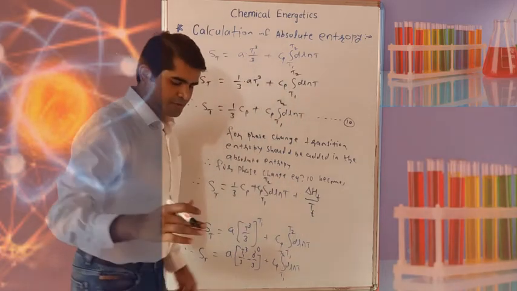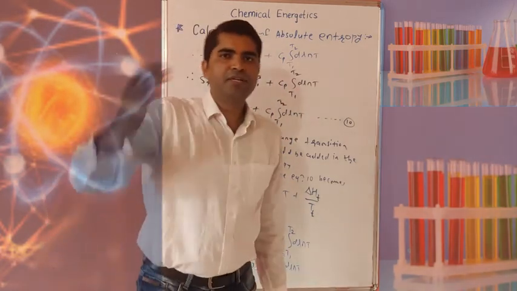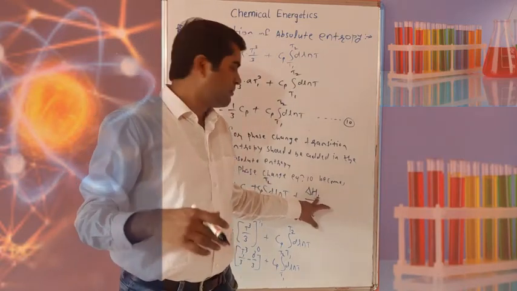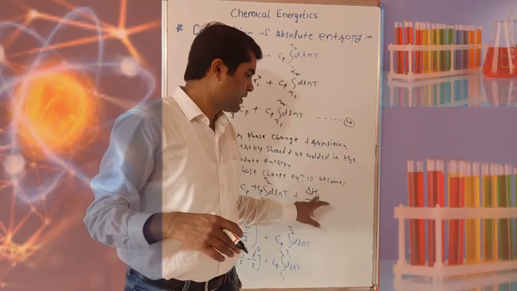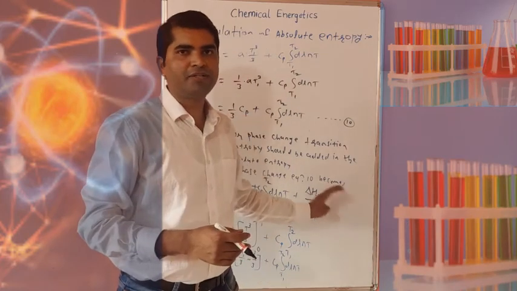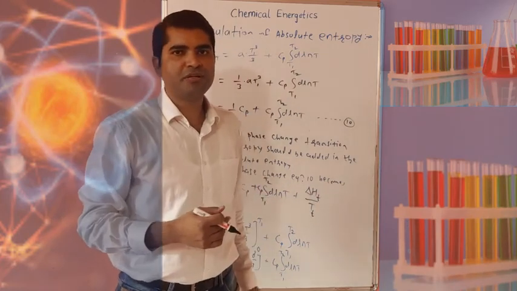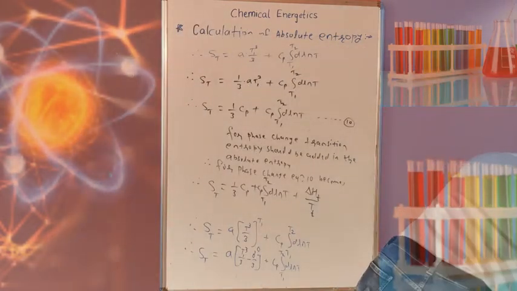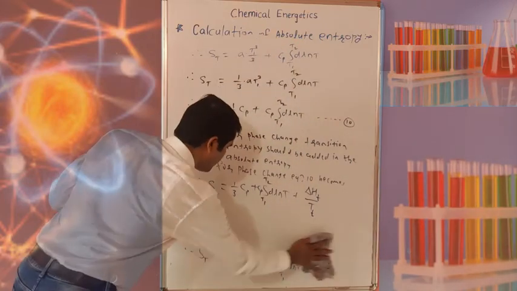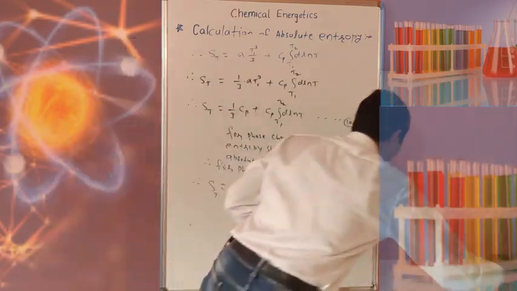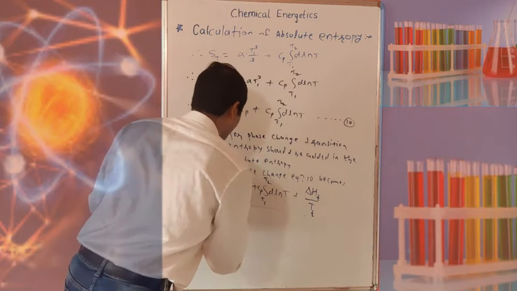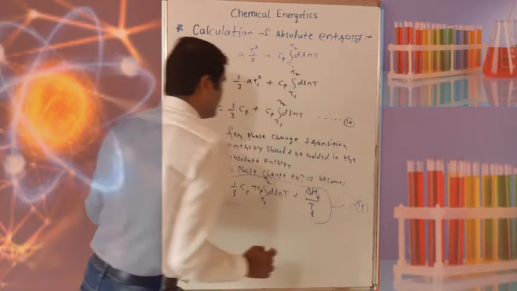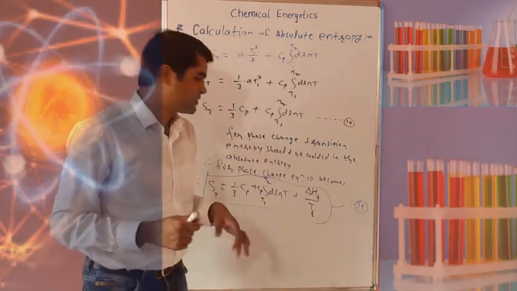Transition means if solid becomes liquid, so at that time this will be the melting point. Tm is melting point, and at melting point delta Hm, the heat of fusion. So that way we can write this formula for absolute entropy for phase change. So this one is the formula for phase change, equation number 11.